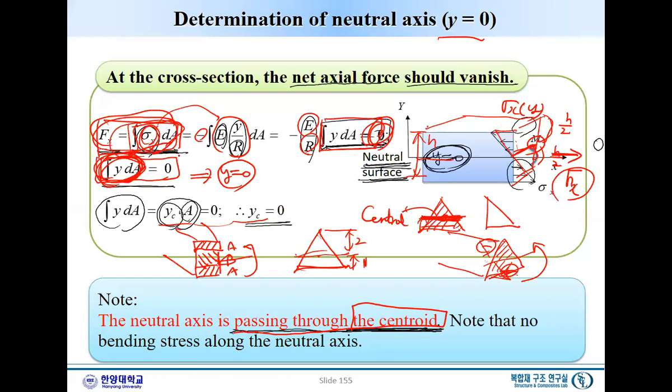So if you put it here, and this E, Young's modulus, is no longer constant, because EA, EB, EA, they are all different, right? So it has to be inside the integral, and you can come to certain relations. That's how you decide where y equals 0 is. Okay?